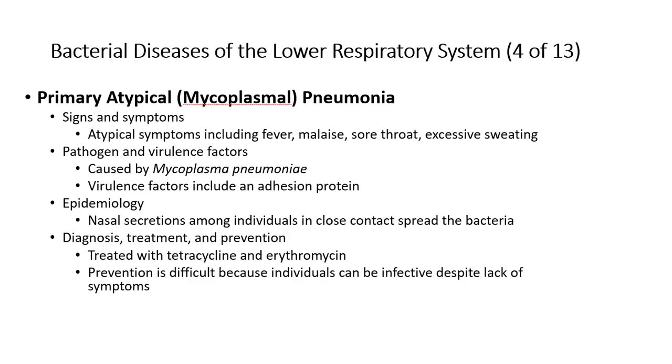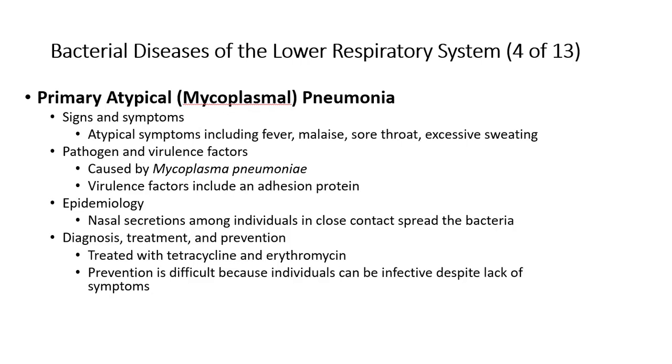Atypical pneumonia, primary atypical pneumonia. This is Mycoplasma pneumoniae. These are atypical symptoms: fever, sore throat, excessive sweating. Mycoplasma also has an adhesion protein, allows it to stick to the lovely little tissues. Okay.